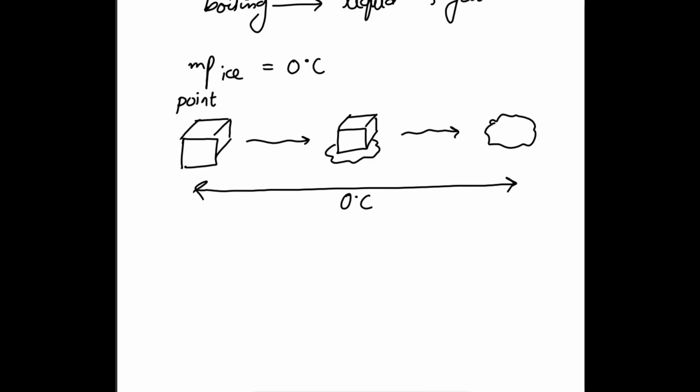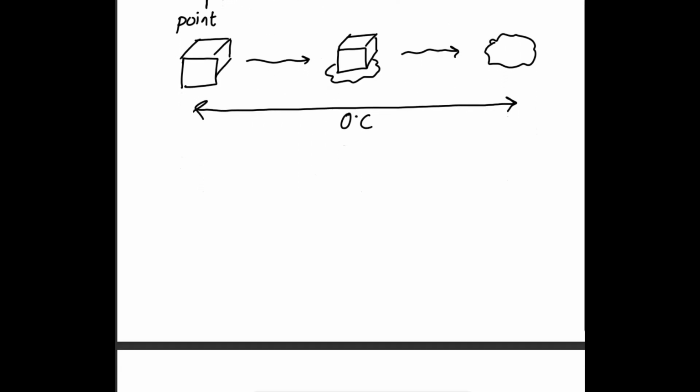Similarly, when we try to boil water, we call that the boiling point of water, that is 100 degrees centigrade. So what's actually happening is that if you have liquid in a pan or a pot, and you try to heat this up, it starts to boil, right?